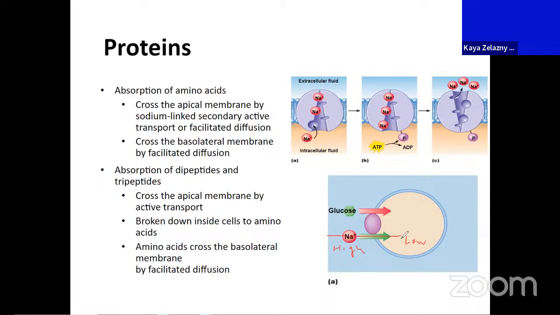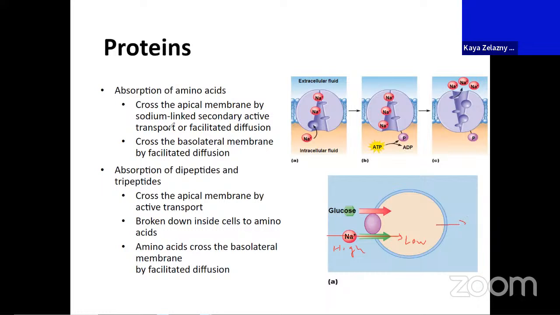So sodium likes to flow down that gradient and it can pull things along with it. So this is how we would get individual amino acids into our cells, just like we got glucose into our cells before. And then just like glucose, we'd be able to cross the other side of the cell, the basolateral membrane, and continue via facilitated diffusion, because now we have a higher concentration of the amino acid in the cell. So we've got a favorable gradient moving to the opposite side.